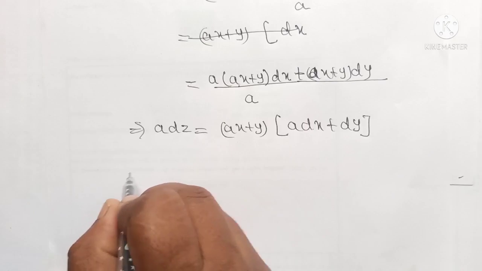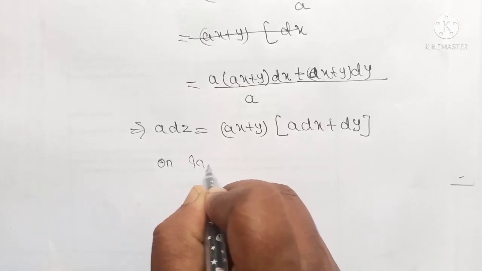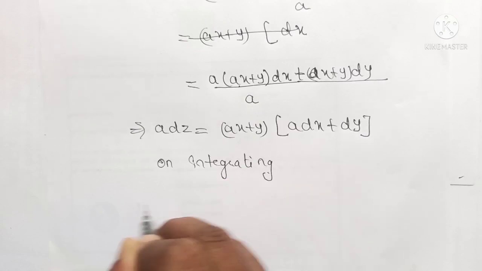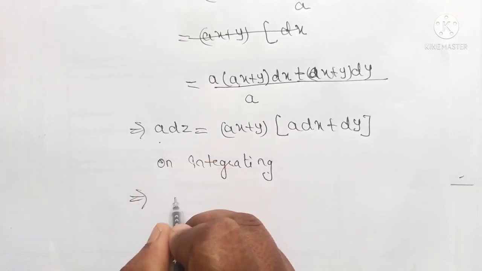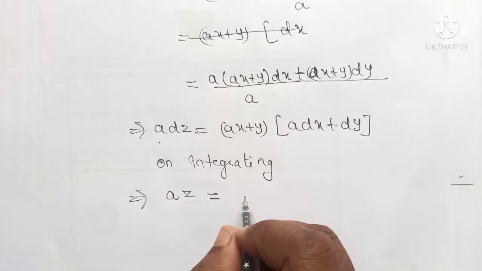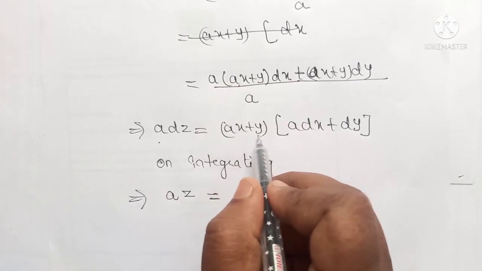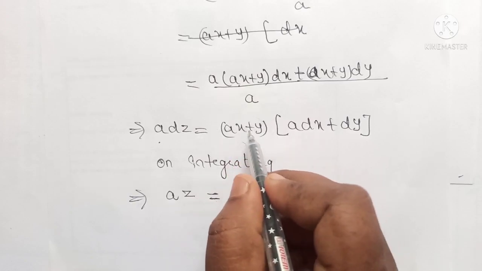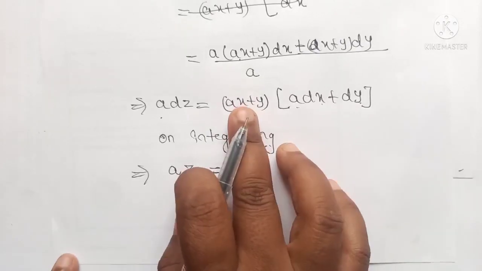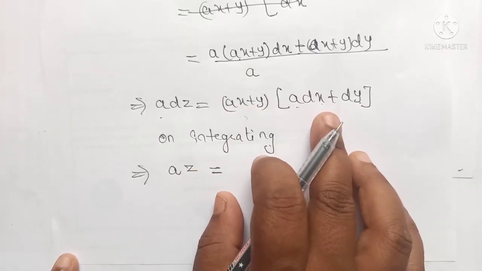Then on integrating, a into dz integration is a z equals, you can observe that it is f of x and its differentiation is a dx plus dy, so it takes the formula of f of x into dx.